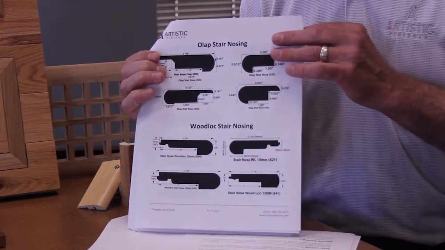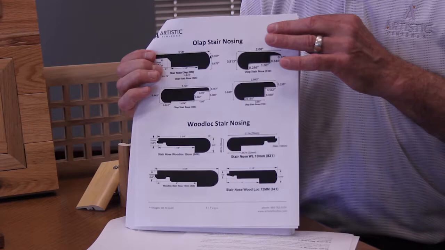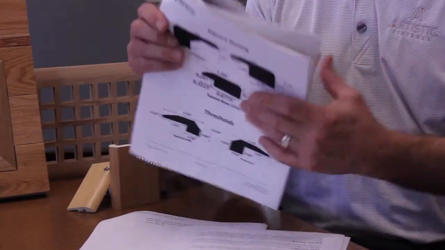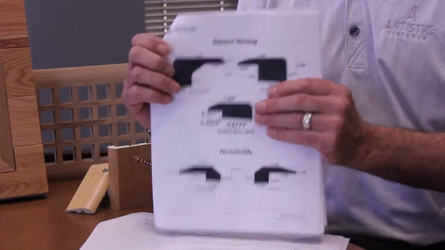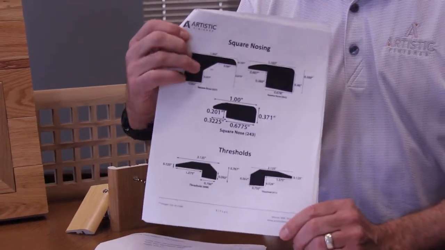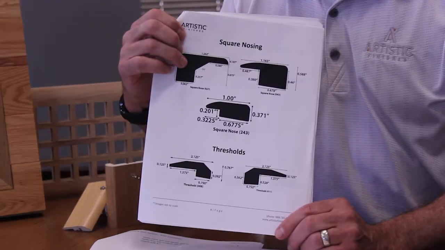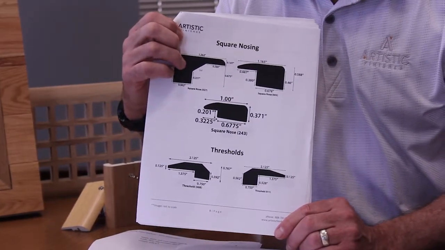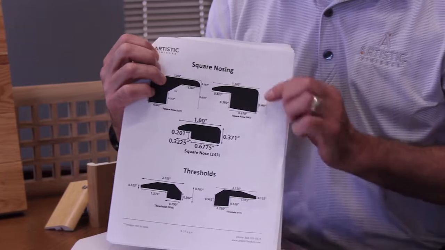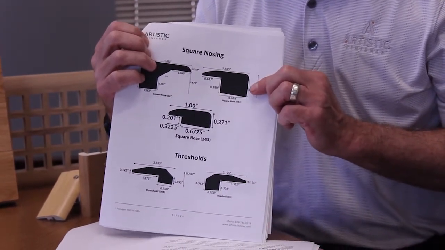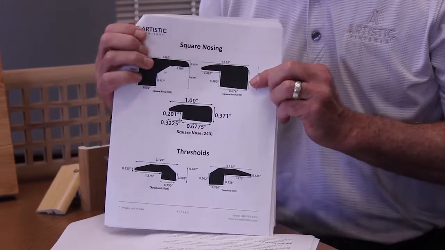Okay, the next product segment would be our square nosing. Square nosings are all compliant if a product is installed next to them that brings the height of the vertical rise within 1/4 inch. Let me restate that.